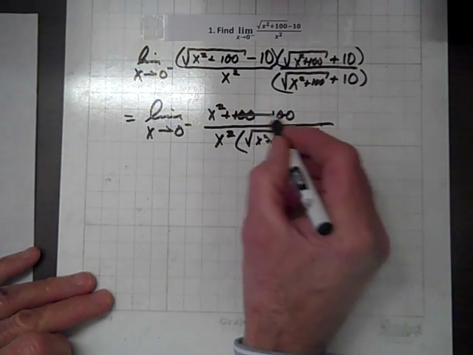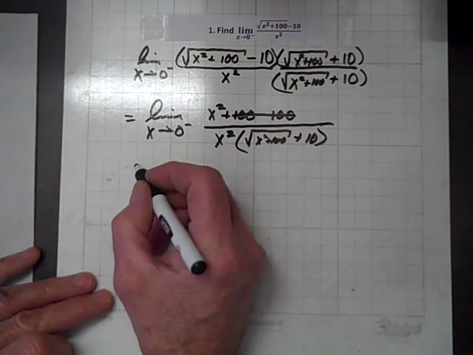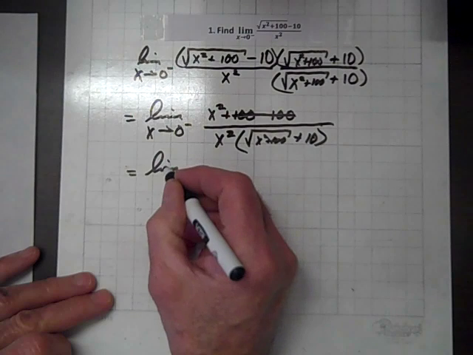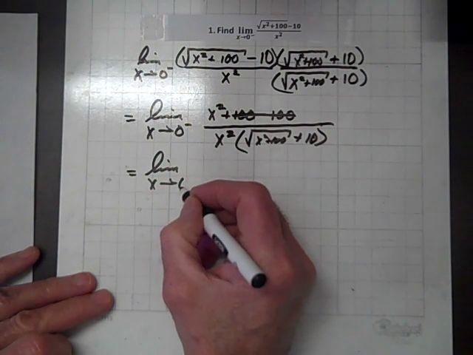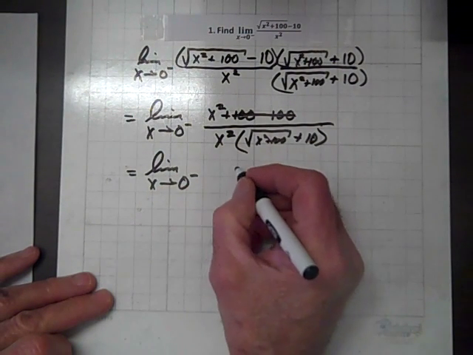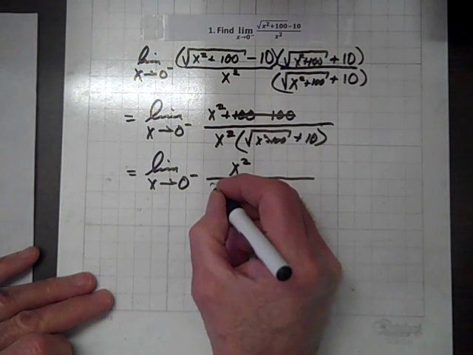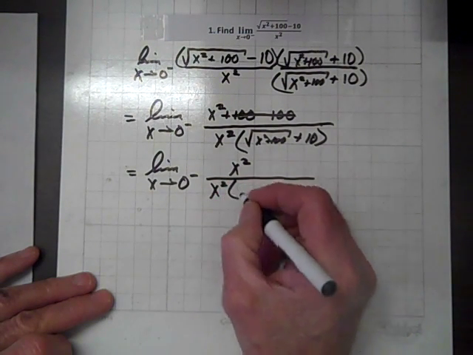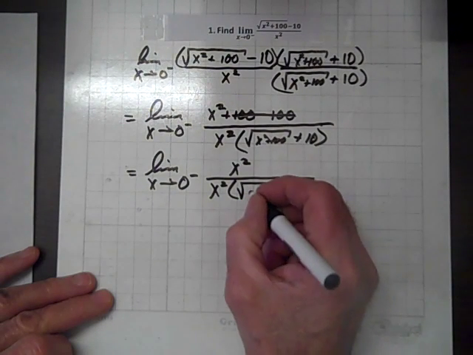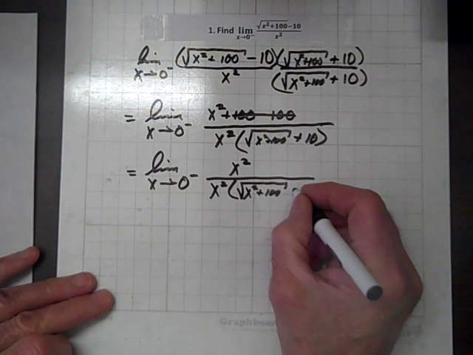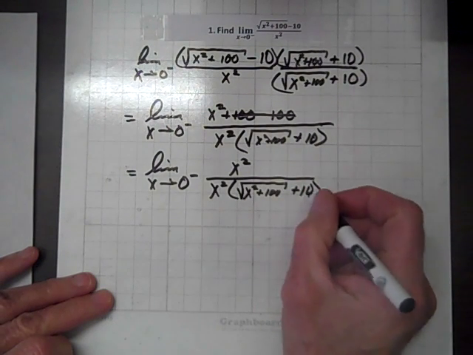And now these values drop out, they add out, and we have the limit as x goes to 0 from below of x squared over x squared times the square root of x squared plus 100 plus 10.